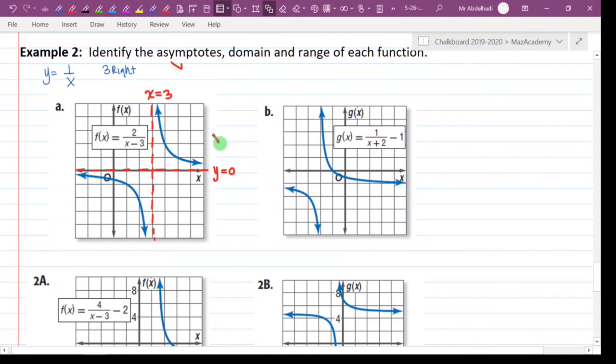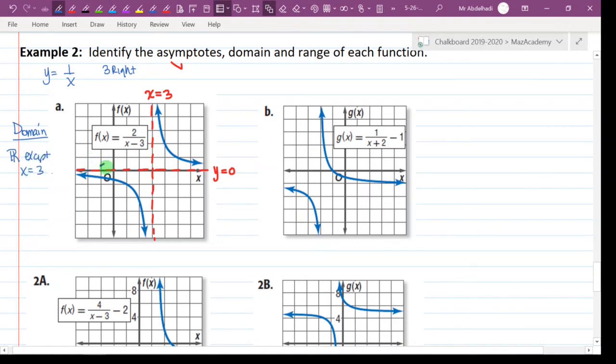What's the domain of this function? Well, you can see this function goes forever and ever in that direction, and forever and ever in that direction. The only x it cannot be is x equals 3. So your domain for this function is all real numbers except x equals 3.